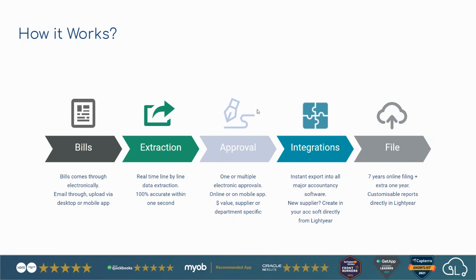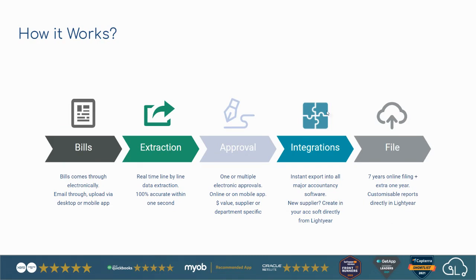Once the invoices are all approved, then the invoices are exported to your chosen accountancy software. And for any new suppliers, your accounts team will be looking after the process for creating those and processing through new invoices as well.